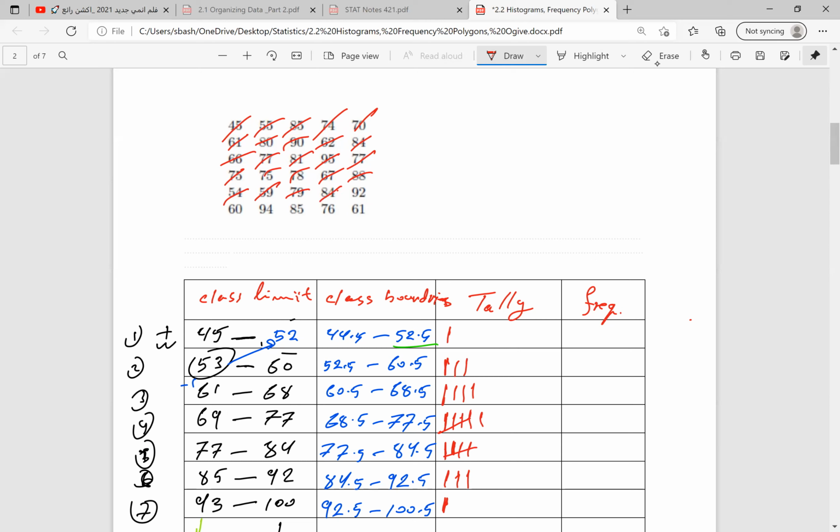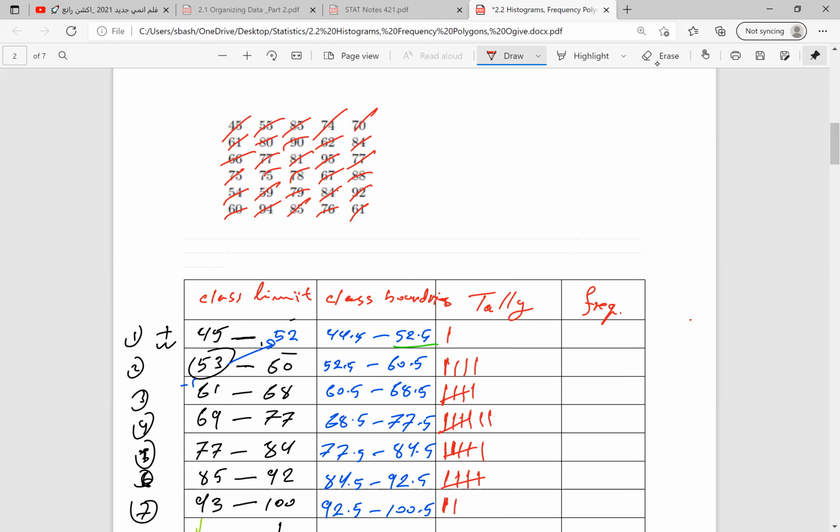84, it is also in the sixth one, 92, sixth one, 60, it is in the second one, and 94, last one, 85, this is one set of the sixth class, 76, another one, and 61 is in the third one, so this is 4.